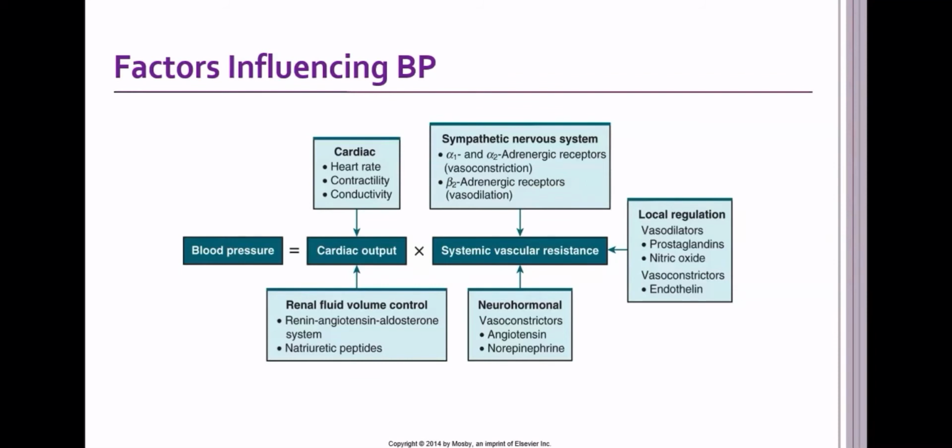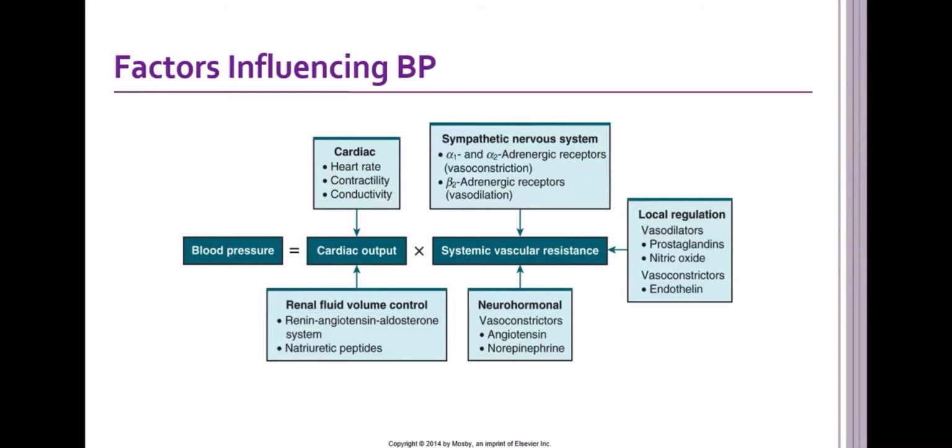The mechanisms that regulate blood pressure can affect either cardiac output or systemic vascular resistance, or both. Regulation of blood pressure is a complex process involving both short-term and long-term mechanisms.